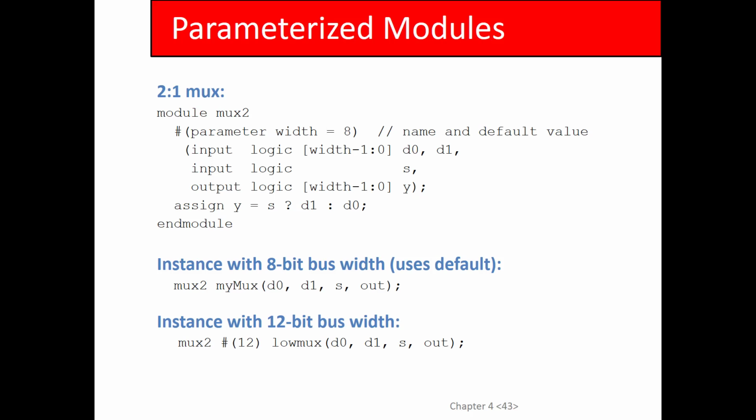So I have this width parameter. This is always a 2-to-1 mux, but I can control how big the inputs and output are in terms of their bit width. Everyone with me? Being able to control the width is a common thing that you're going to do with Verilog.